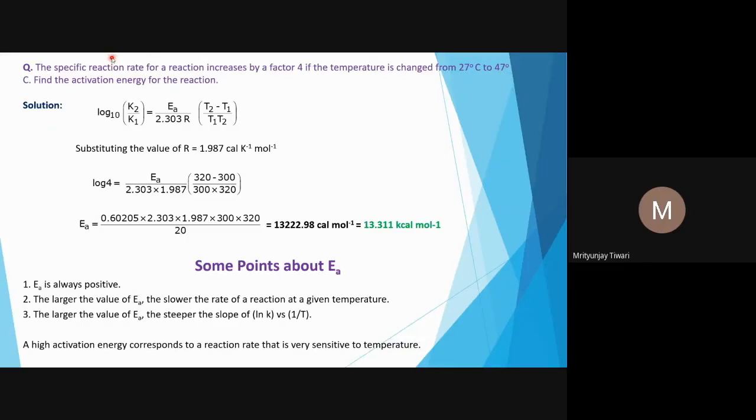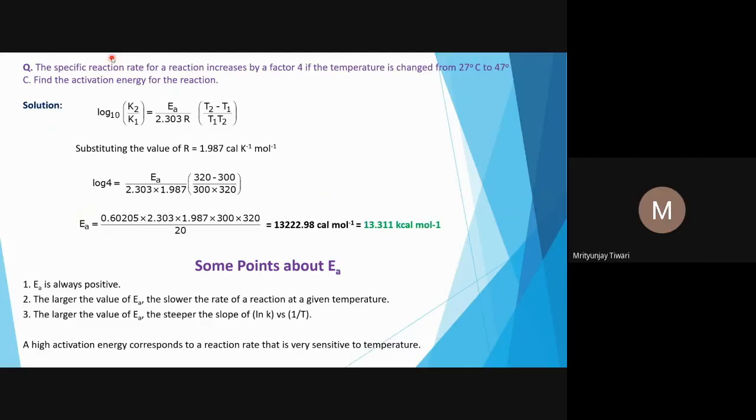So the one thing we have to understand here is that the reaction rate depends on the rate constant. We have seen the rate of reaction is directly proportional to the rate constant. So if the rate constant becomes 2 times, the reaction rate will become 2 times, if the concentration is not the factor that changes the reaction.